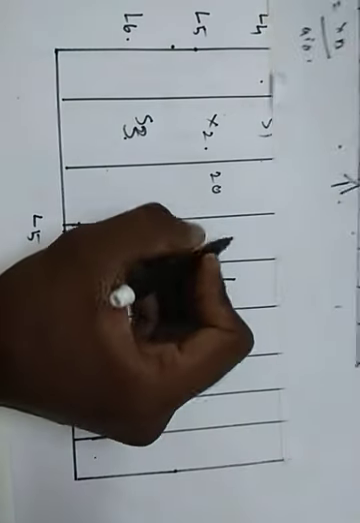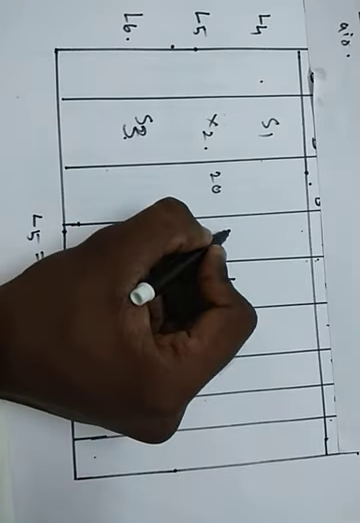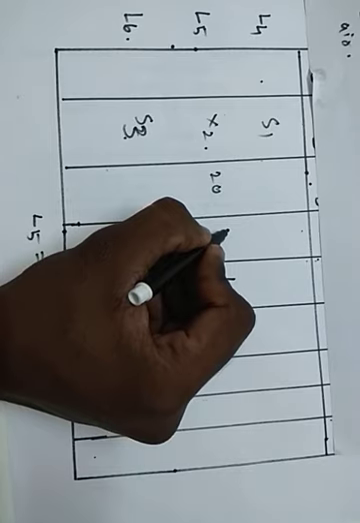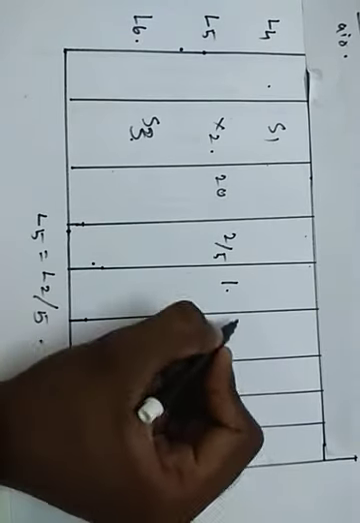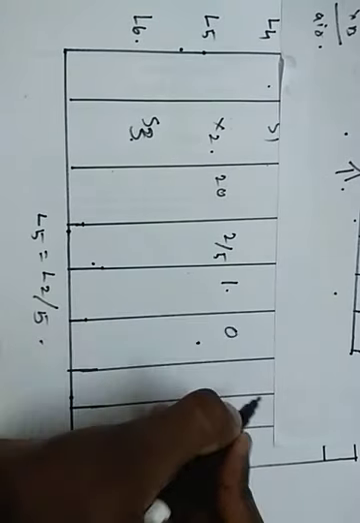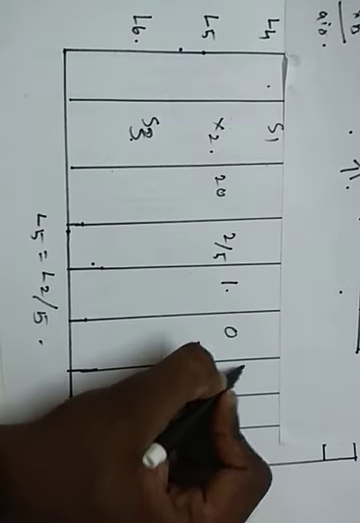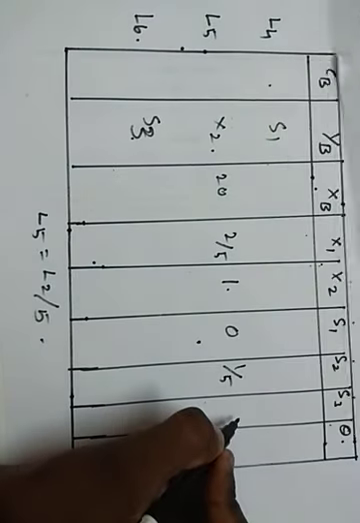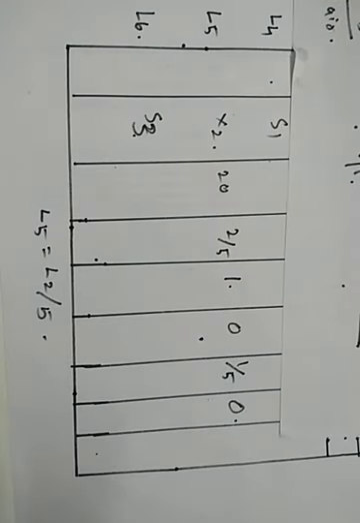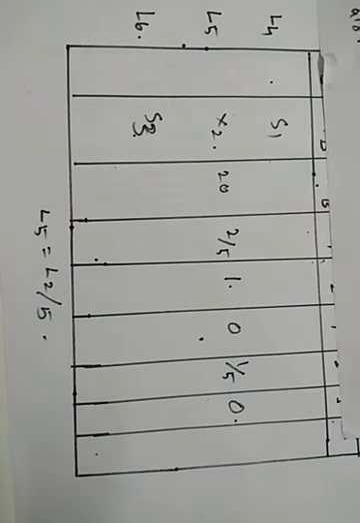So 100 divided by 5 is 20 and 2 divided by 5 will be always 2 by 5 and 1. 0 by 5 is 0 and 1 by 5 will be always 1 by 5 and 0 by 5 is 0.